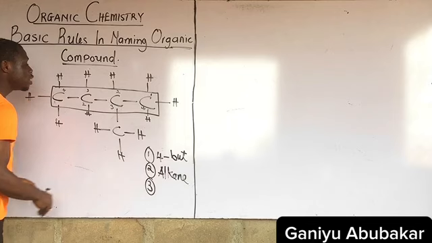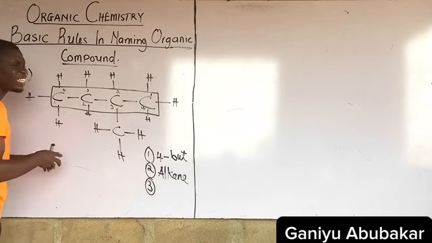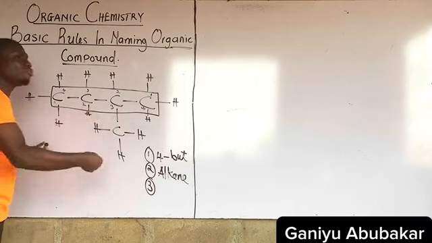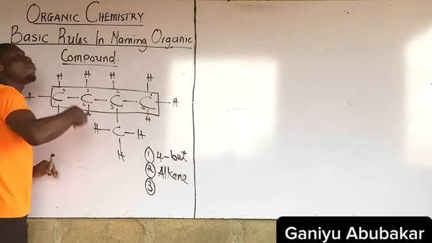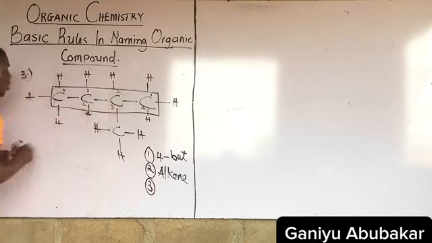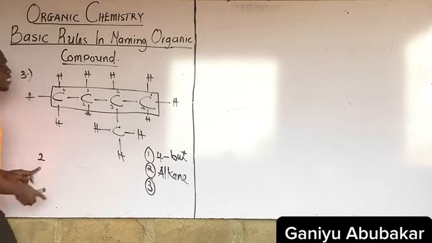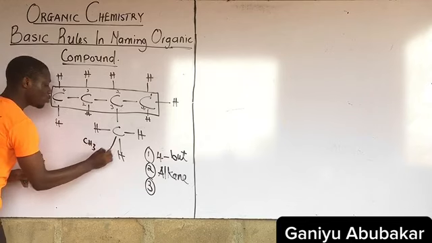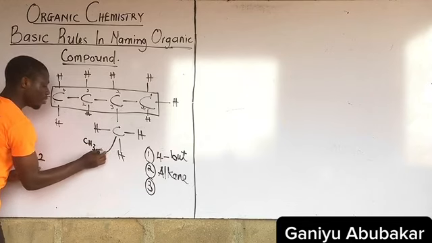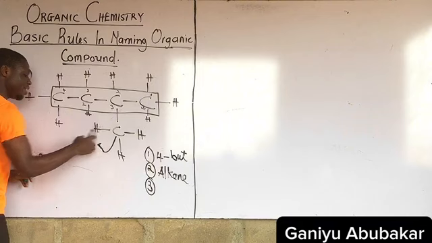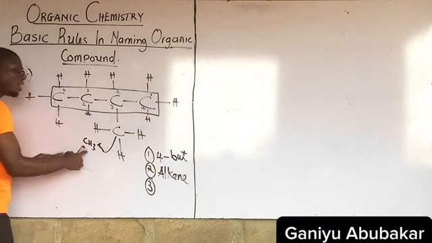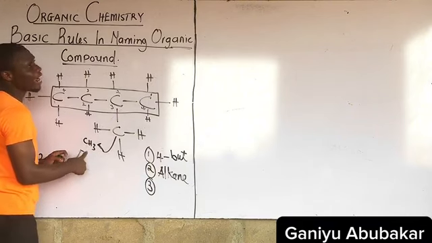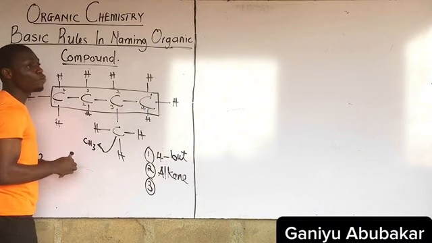So to name an organic compound that has a substituent, name the substituent first and show the position of the substituent. I'm having 2. What is this called? This is CH3, a C and 3 hydrogens. In our last class, when we discussed the alkyl group, the first member of the alkyl group is CH3.